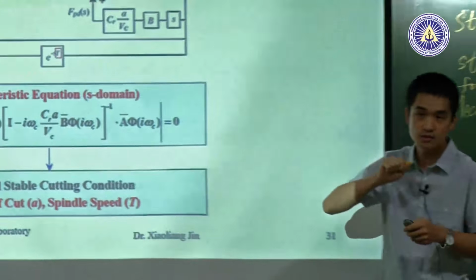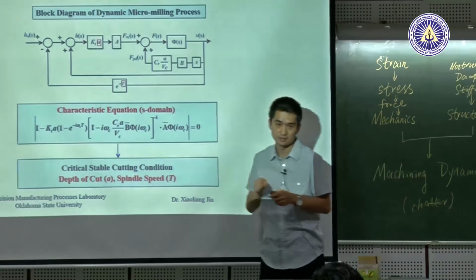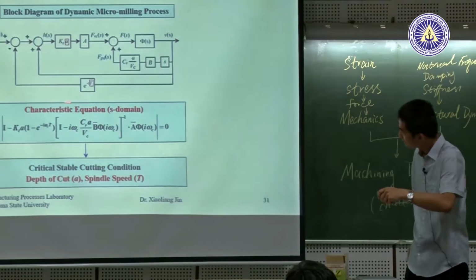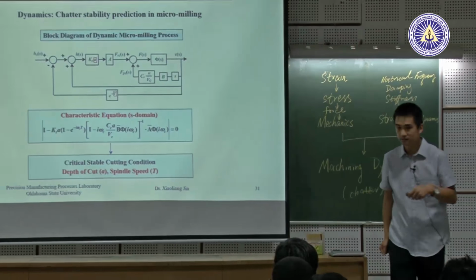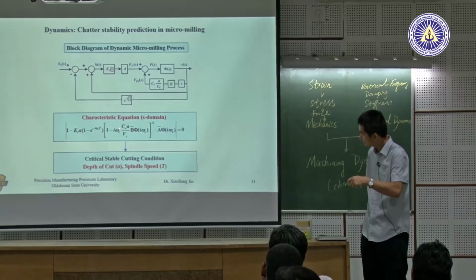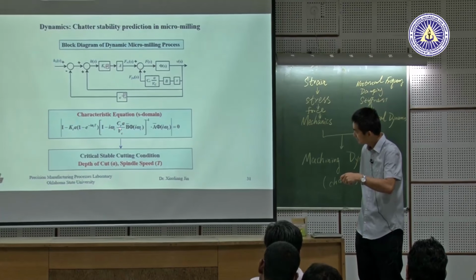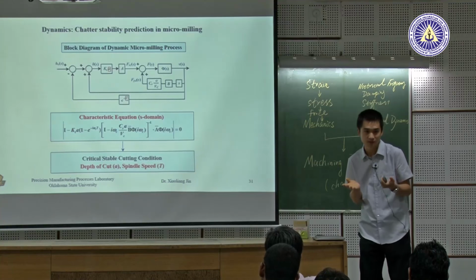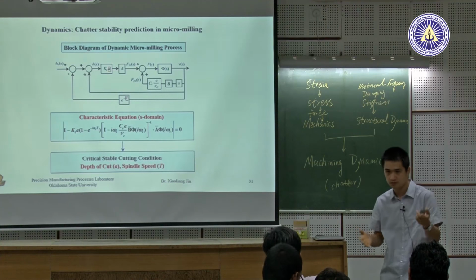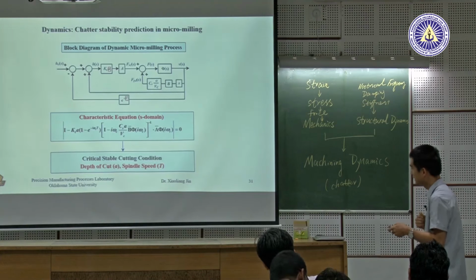In zero order approximation, A is a constant because we take the average, right? Now, based on this loop, we have a new part, and this new part also depends on the cutting velocity. Cutting velocity depends on the spin speed, which we don't know yet, because we are trying to get the spin speed with respect to the axial depth of cut.